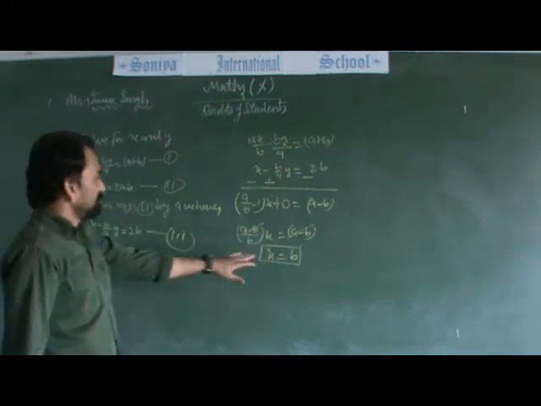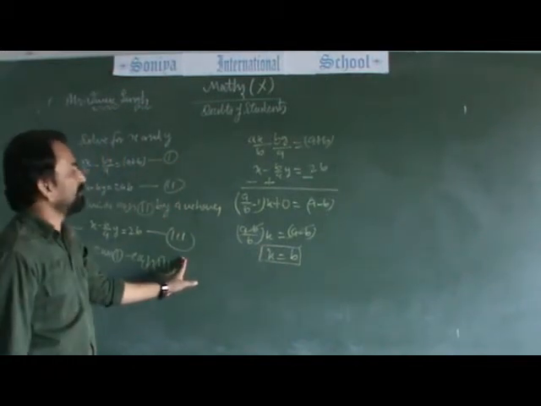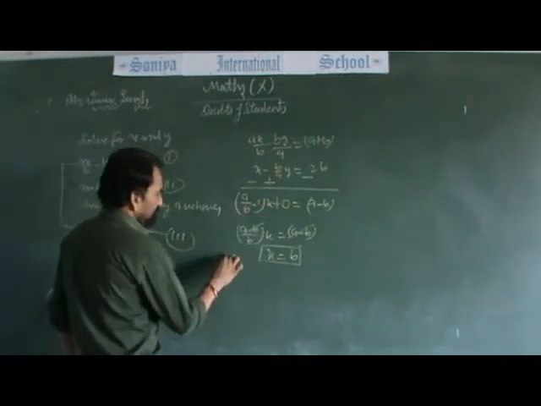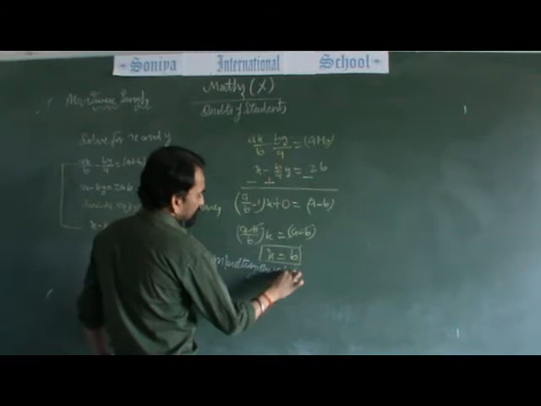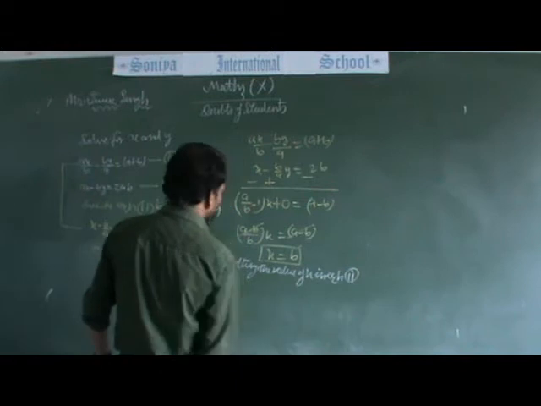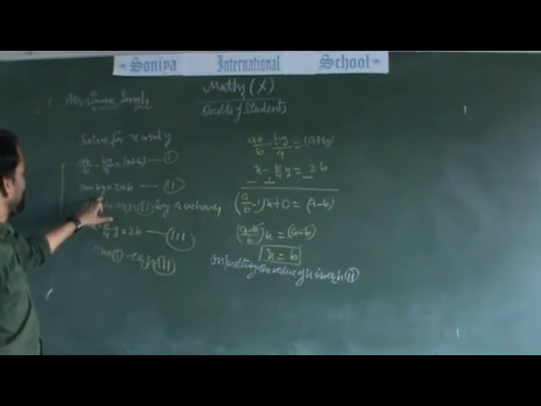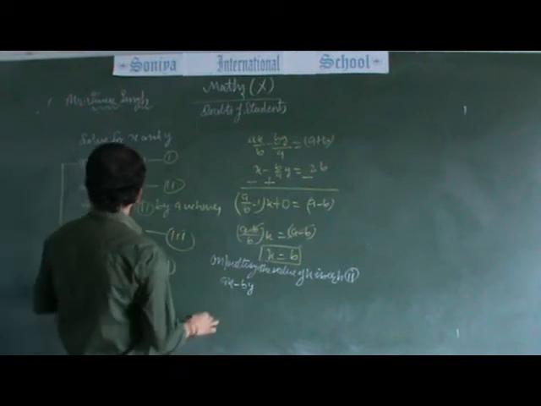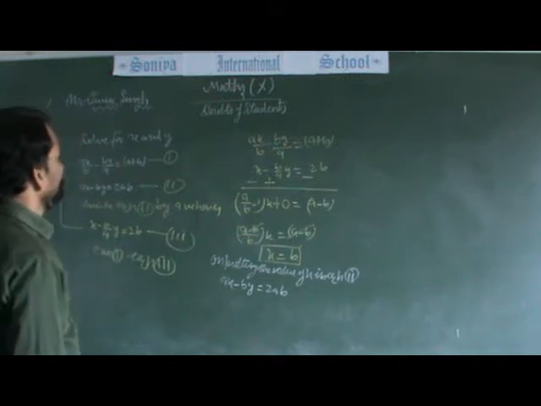Now either you put the value of x in equation 1 or in equation 2 or in equation 3. You are free. You will get the value of the second variable. Write the statement: on putting the value of x in. Choose the easier one. Although you will get the answer from each equation, choose which equation is easier. ax minus by equals 2ab.